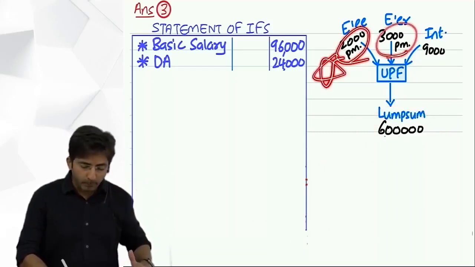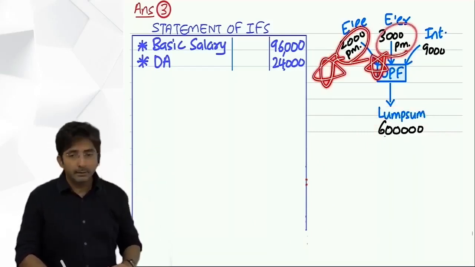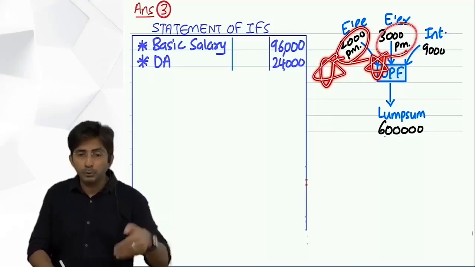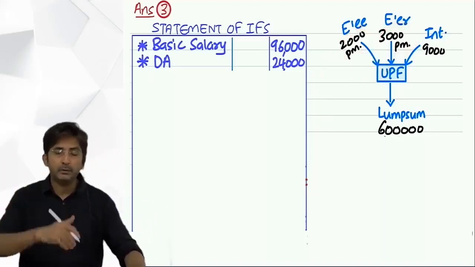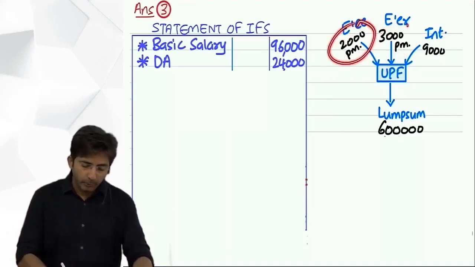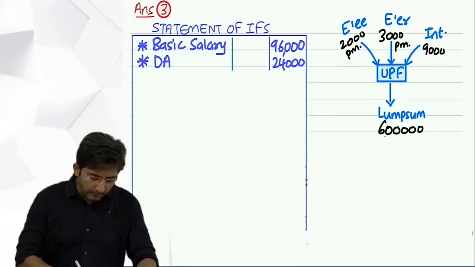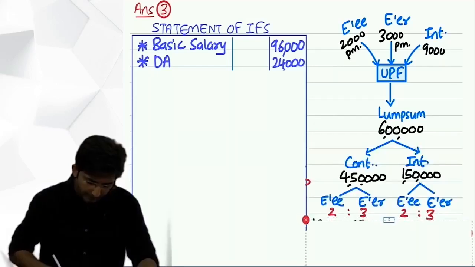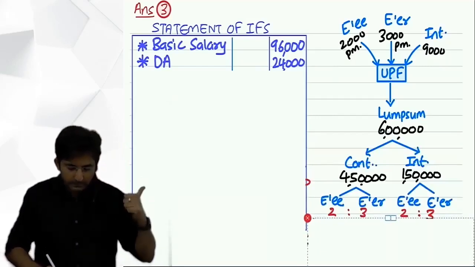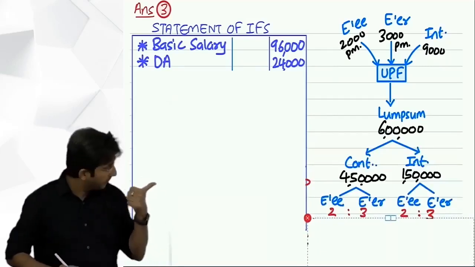This was most important to be noticed. If employee contributes 2,000, employer is contributing 3,000. So the ratio will be 2:3. So now the thing is very clear. See how I have done? You can continue like this, the way I have done.